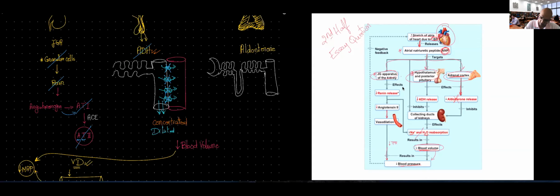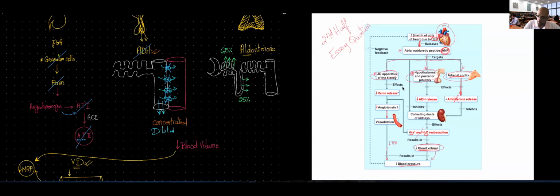Around 65% of it in the proximal convoluted tubules, and in the ascending limb of the loop of Henle, you're going to be reabsorbing 25%. So 65% gets reabsorbed in the proximal convoluted tubules, 25% would be reabsorbed in my ascending limb of the loop of Henle.